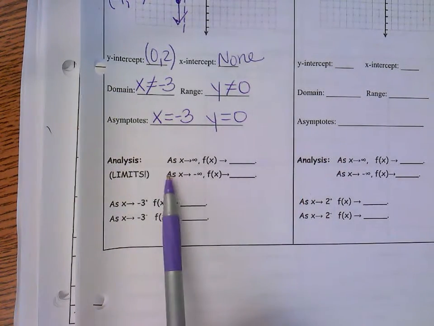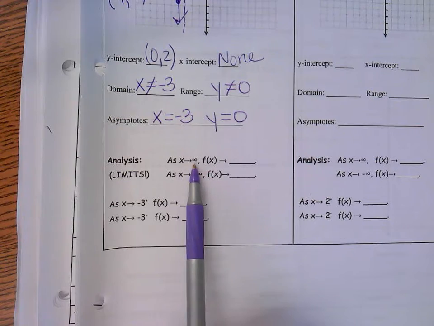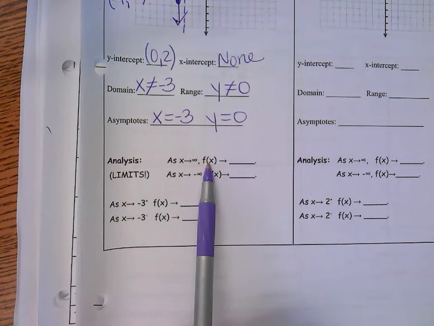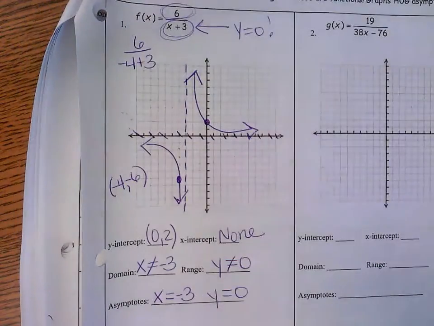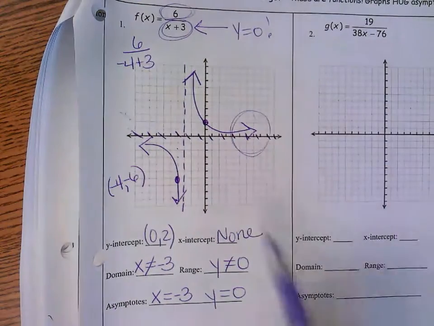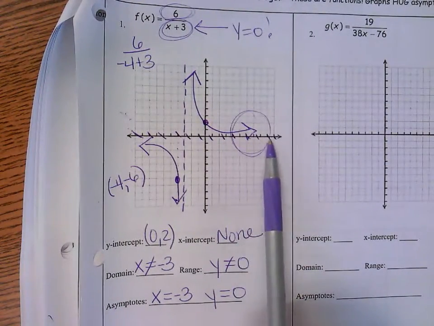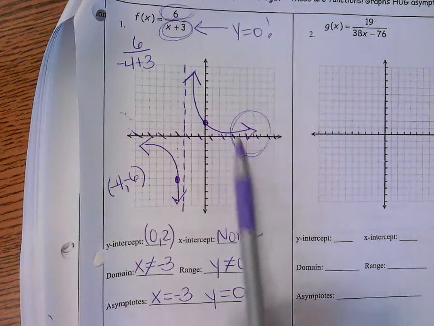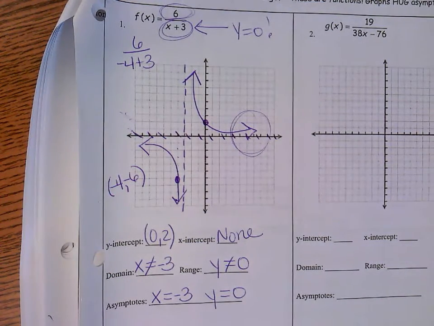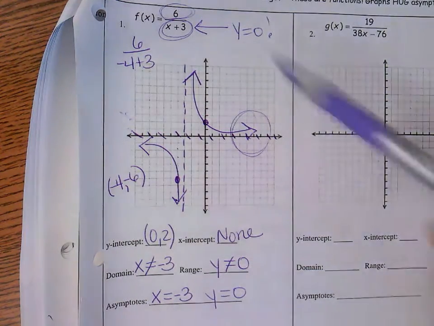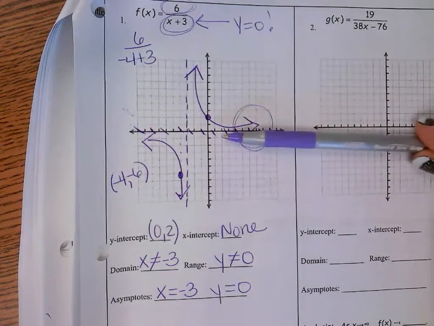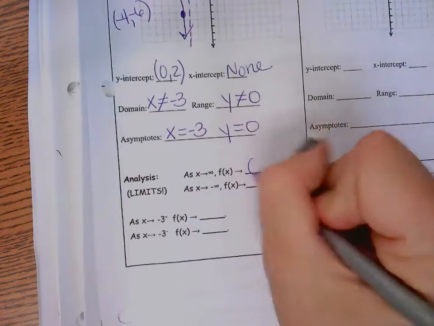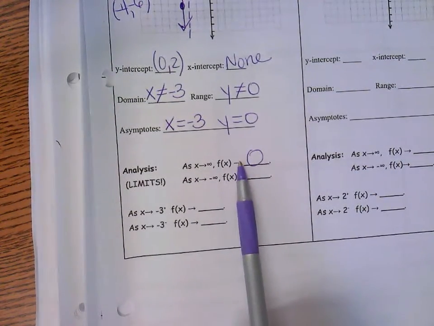This says, as x approaches infinity, what is the function doing? So it's asking you about this arrow right here. As x is going to the right, what is your function approaching for a y value? Where's that arrow getting really close to? What value for y? It's getting close to 0, isn't it? All right, so that's my limit analysis. The function is approaching 0.